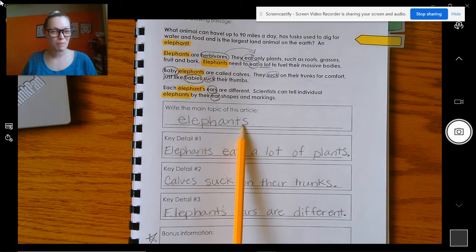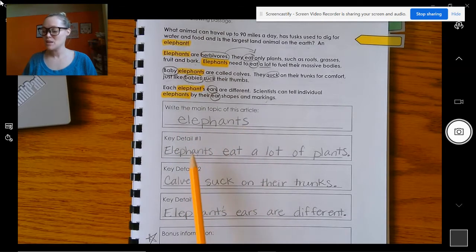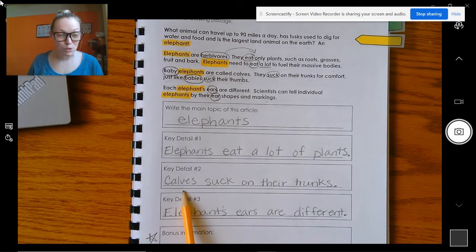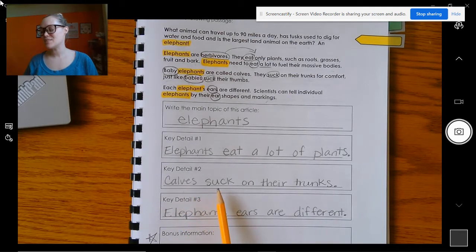This was all about elephants. First important piece of information to know was elephants eat a lot of plants. Second important information to know was calves, known as those are baby elephants. Calves suck on their trunks. Third piece of important information, elephants' ears are different.